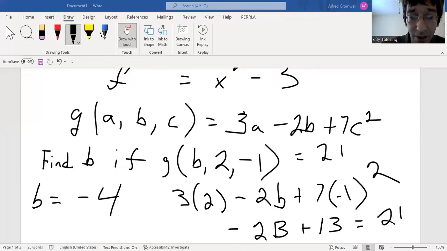You have to see your mistake immediately. Check your answer. If you plug in g of negative 4, to a negative 1, that would give you a result of negative 9 in the original function, not 21. So you want to fix this.